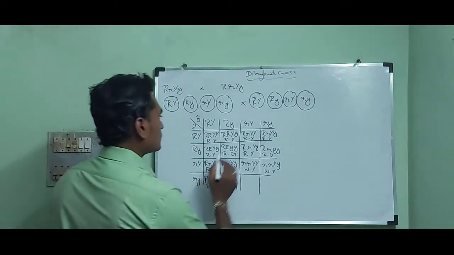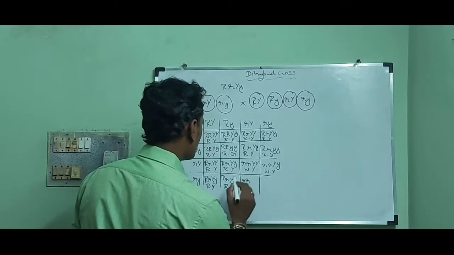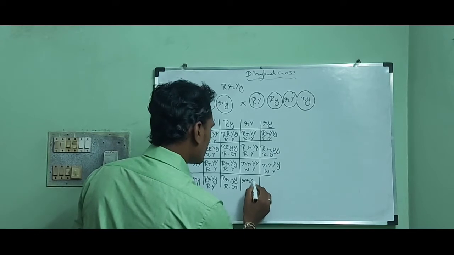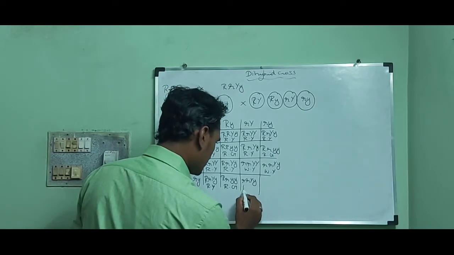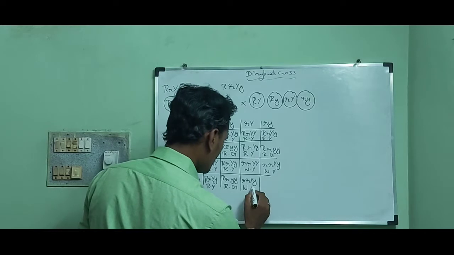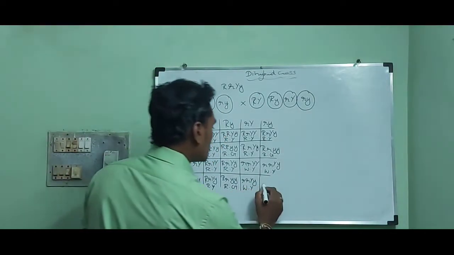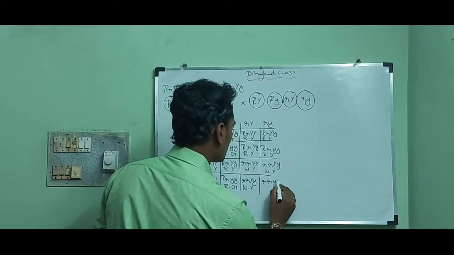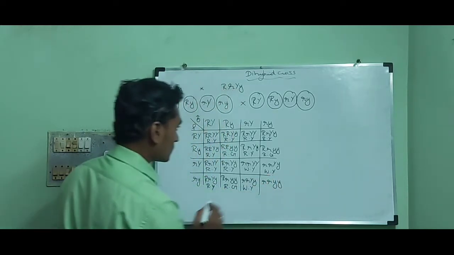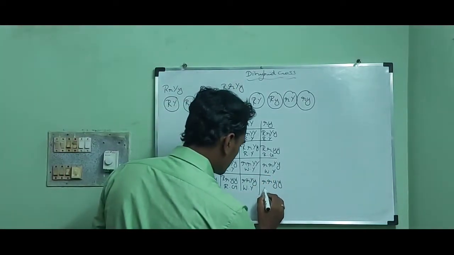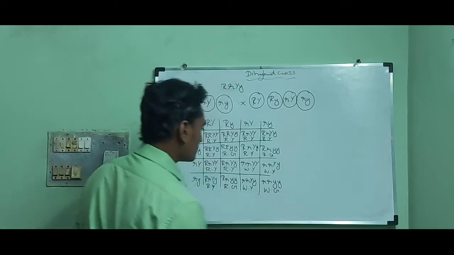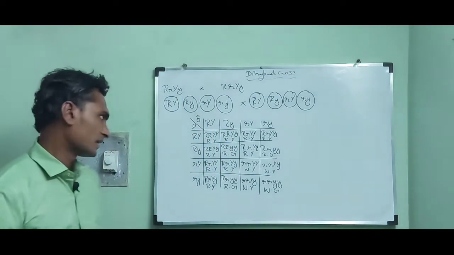Then small r, capital Y, small y, that means wrinkled yellow. Then small r, small y, small y, then it shows the phenotypic character wrinkled green.